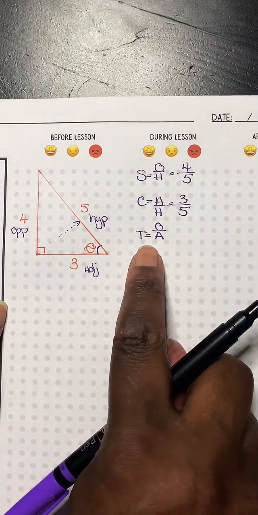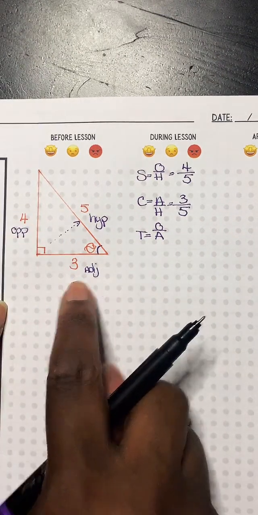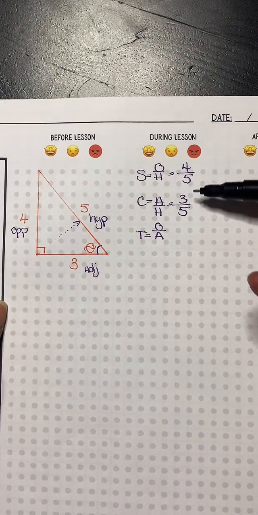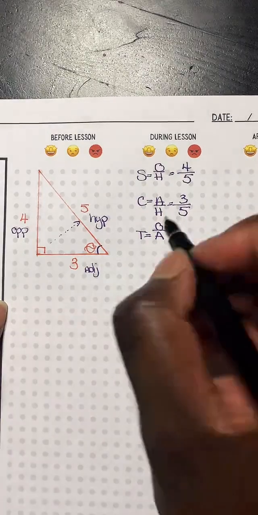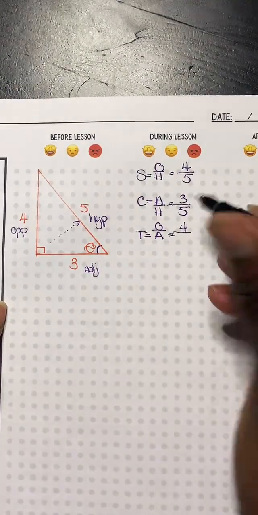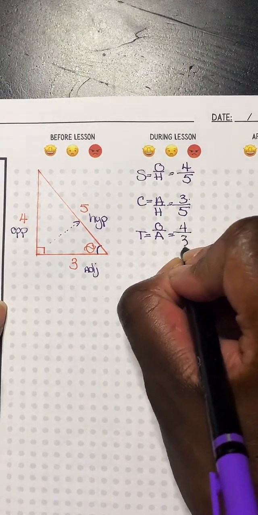And then your tangent is going to be opposite over adjacent. An easier way is to just take the numerators from each of the sine and cosine. So opposite is 4, and your adjacent is 3.